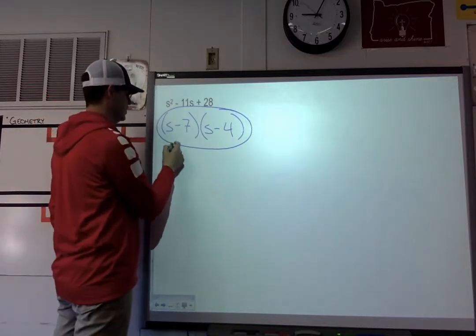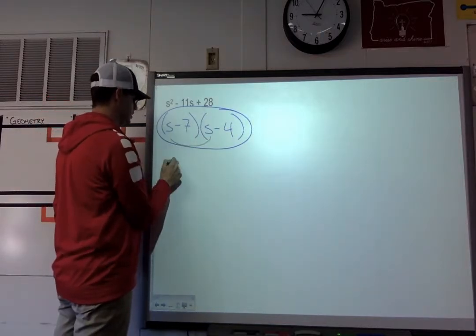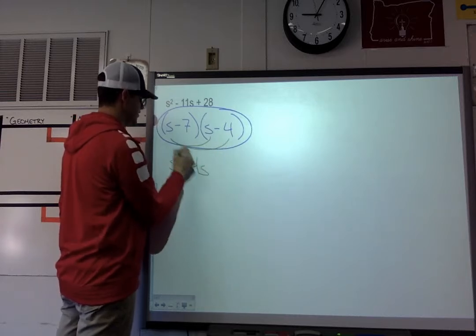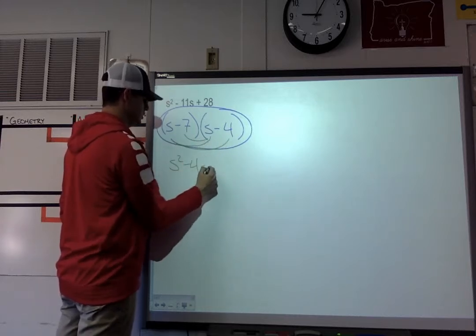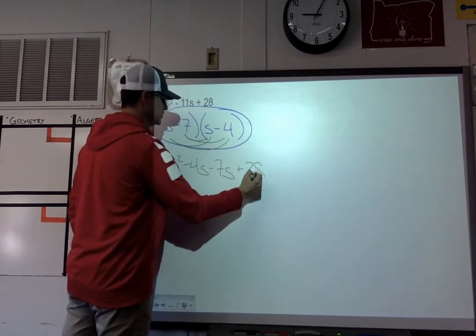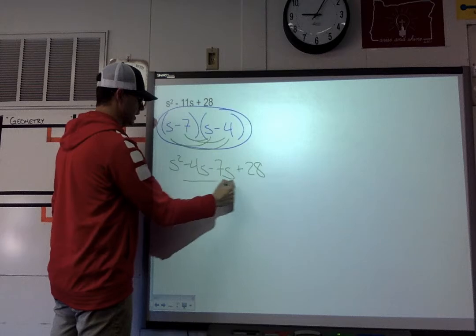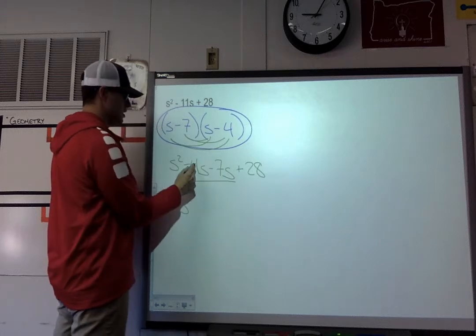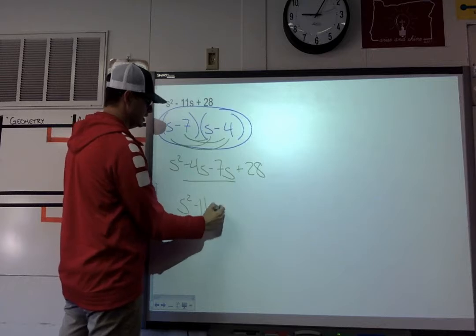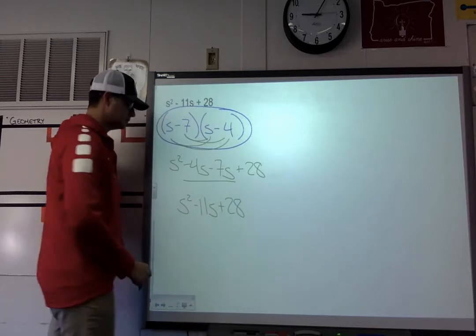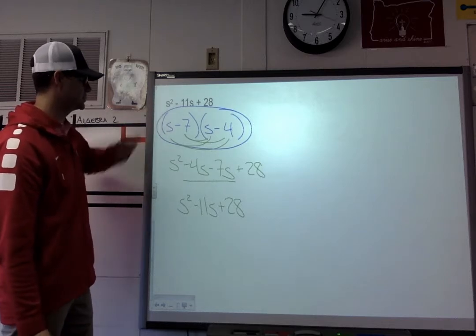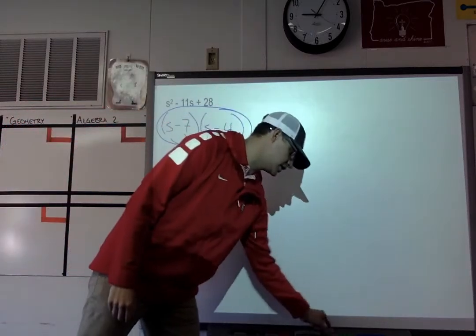So if we FOILed this, we would get S squared minus 4s minus 7s plus 28. Combine our like terms: -4s minus 7s gives us -11s. And as long as the trinomial you end up with here is the same as what you started with, then you're good to go.